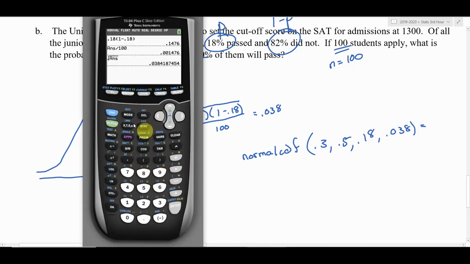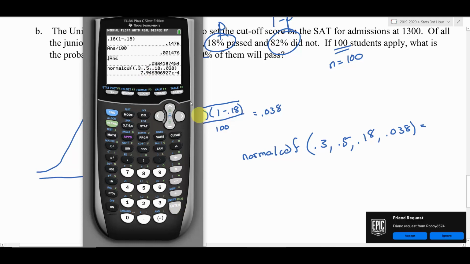We go to vars, option 2, and okay, we've got the lower in there at 0.3. That's good. We're going to stop it at 0.5 this time. The mean is good, and the standard deviation is going to be 0.038. And enter.